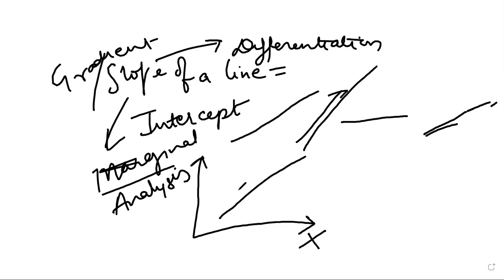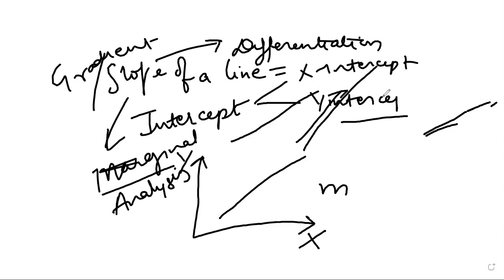So if this is the x-axis and that is the y-axis, and we know the slope, let us say the slope is given by m, and we know the intercept. Intercept is of two types: one is the x-intercept and the other is the y-intercept.